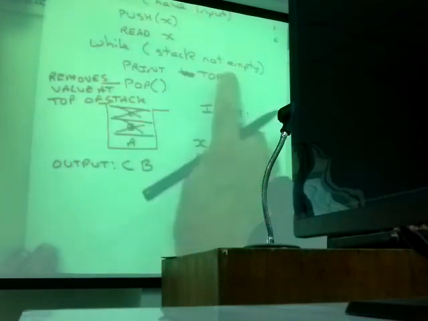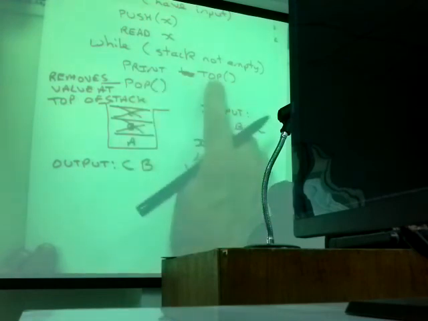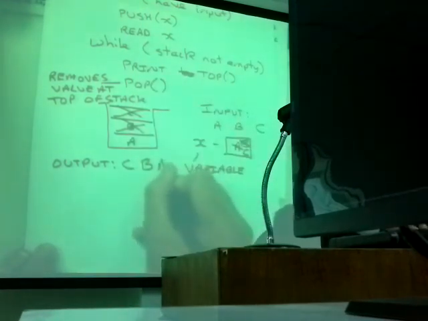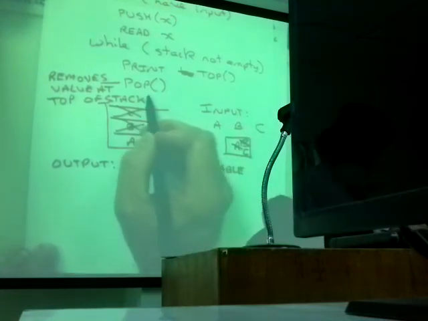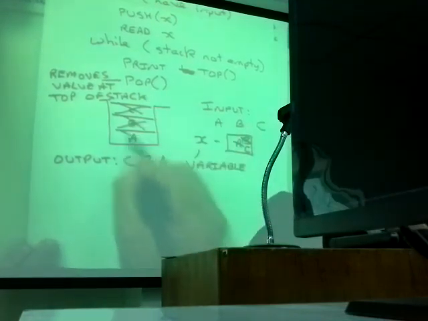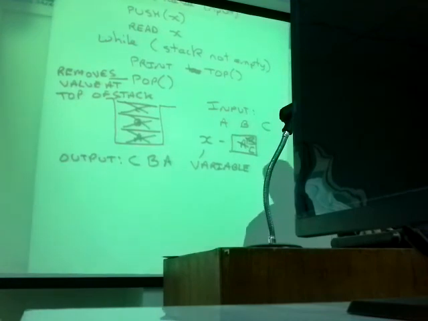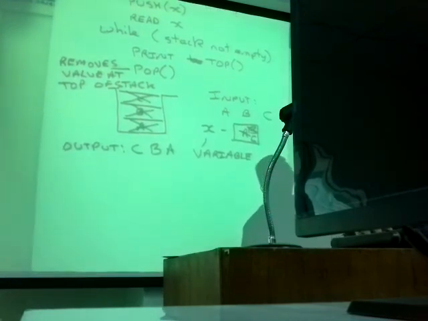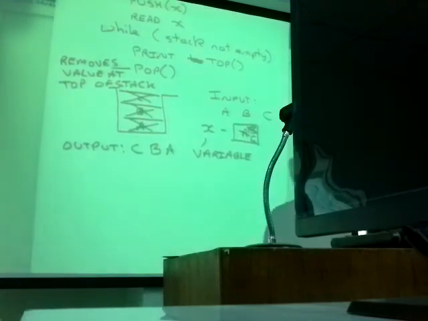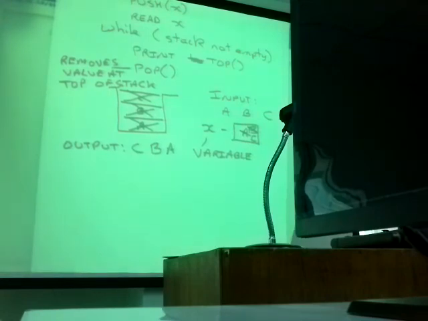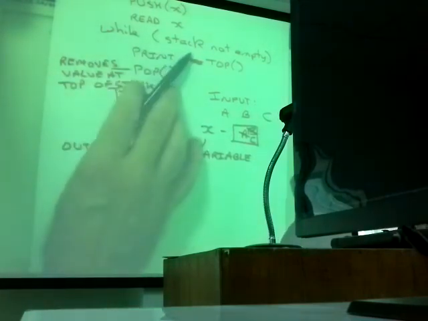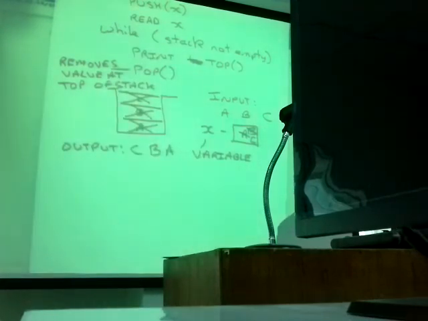Is the stack empty? No. What value gets printed? A. And then we pop again, so A gets removed. Now is the stack empty? Yes. So we stop. So what's happened?